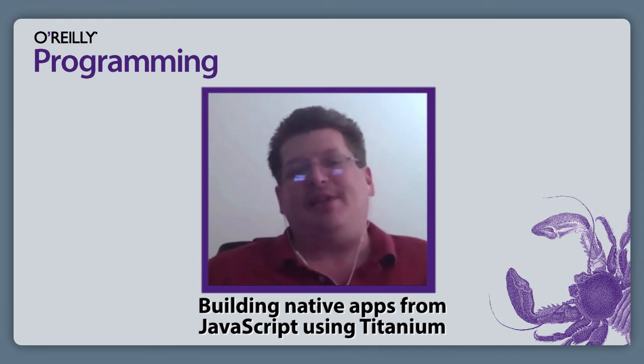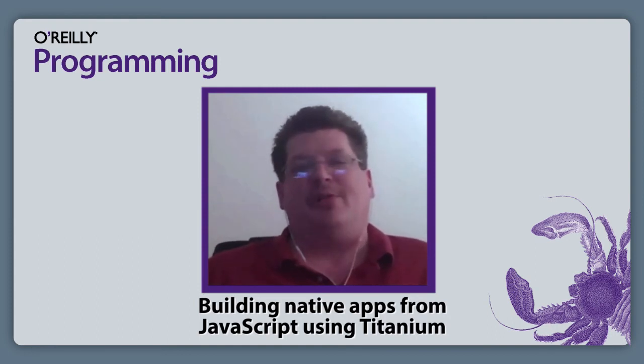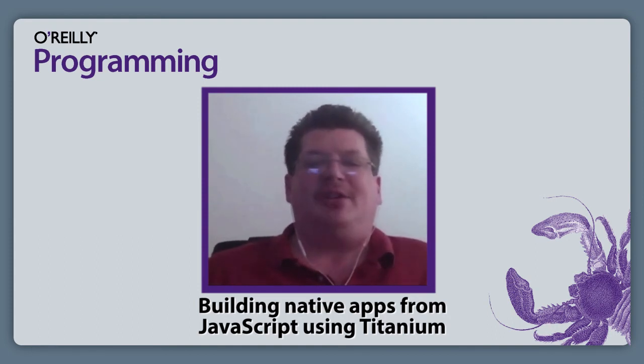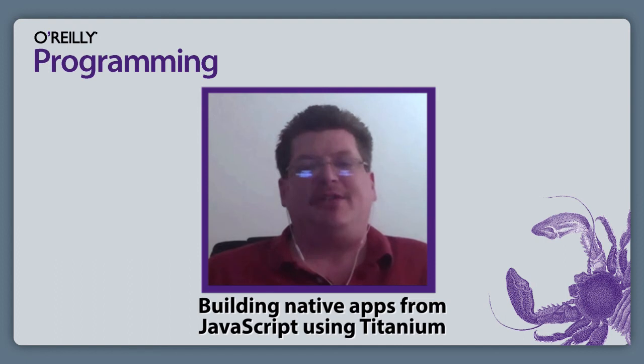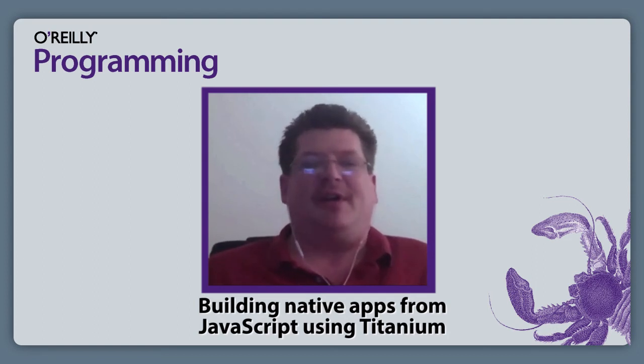And the ability to very dynamically add properties and methods to an existing JavaScript object really comes in handy. For instance, on a table view row, you might want to make a property, a small JSON document that has a little extra information that you want to reference, so that when a user taps on a table view row, an event is fired and you'll have a callback function to handle that event.